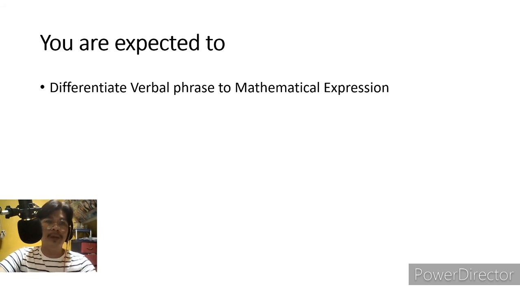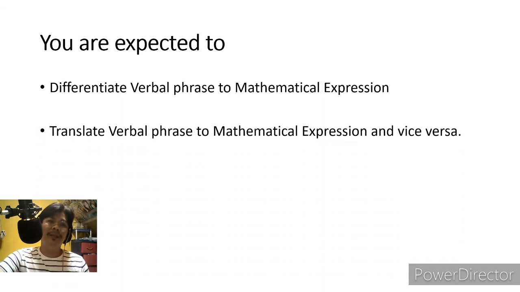When we say verbal phrase, it is a statement composed of words, while a mathematical expression is a statement composed of numbers and symbols. So that is the difference between verbal and mathematical expression. And how do we translate a verbal phrase to a mathematical expression and vice versa?